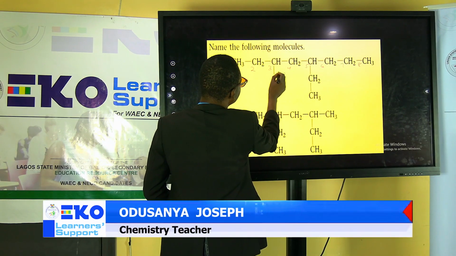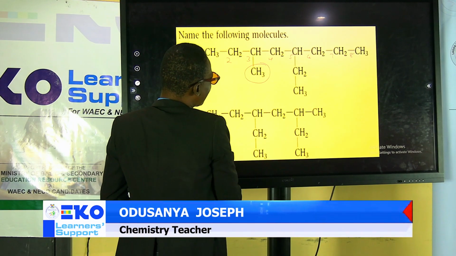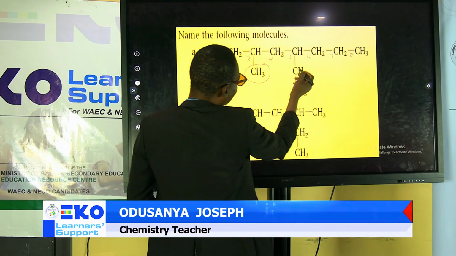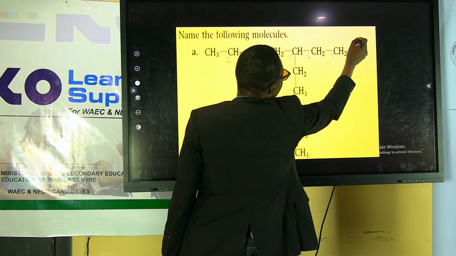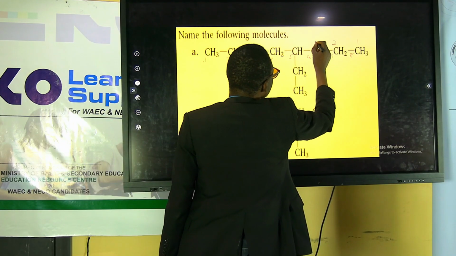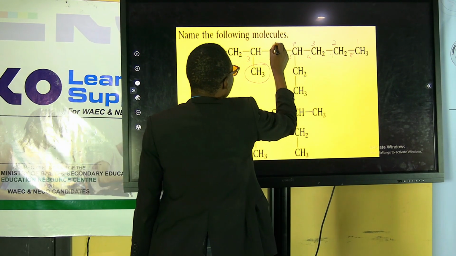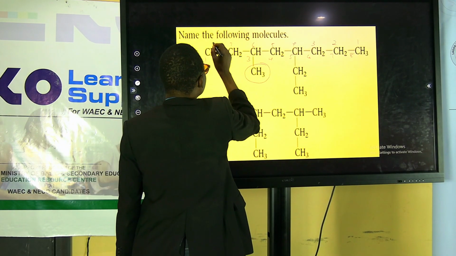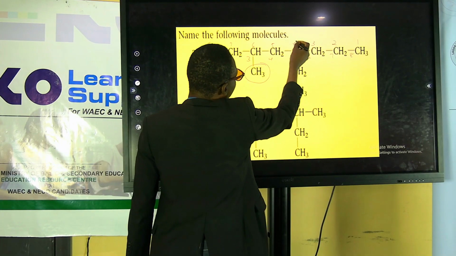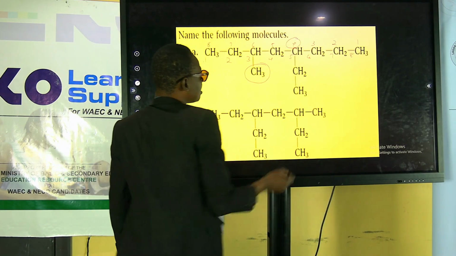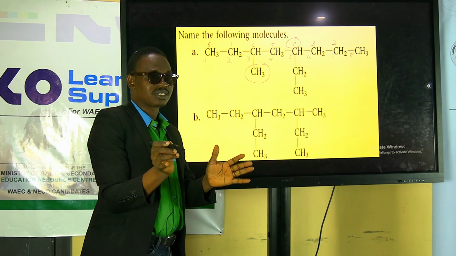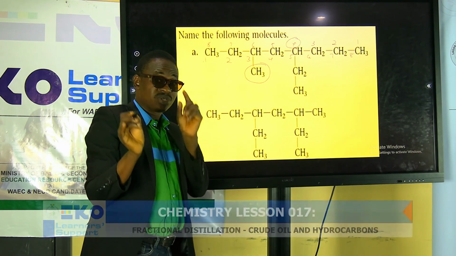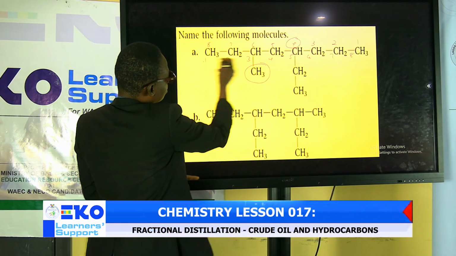So at carbon 3, I have the first attachment. On carbon 5, I have another attachment. So if I come from here, 1, 2, 3, 4, 5, 6, 7, 8, you discover that at carbon 4, I have my first attachment. And you remember the closest attachment to the longest continuous carbon chain mattered to you. So I have to start from this.